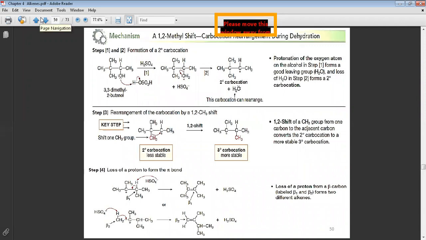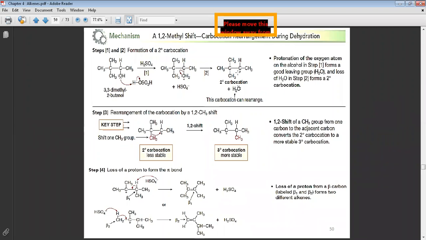We have a secondary alcohol, which is suitable for the E1 mechanism. The first step is protonation. Removing the leaving group gives you a carbocation. This is a secondary carbocation, but maybe we need a tertiary carbocation.